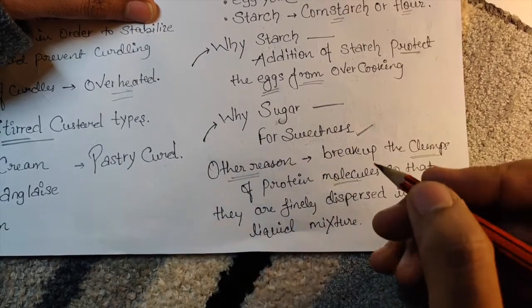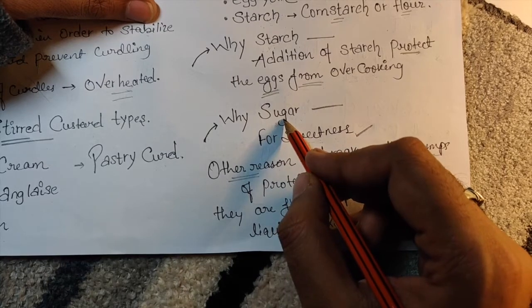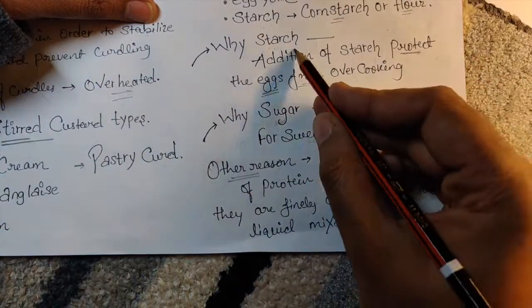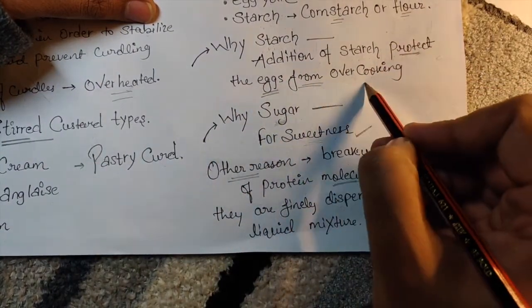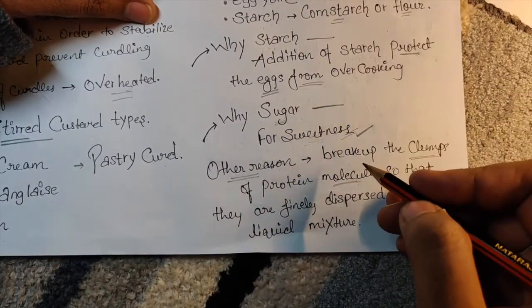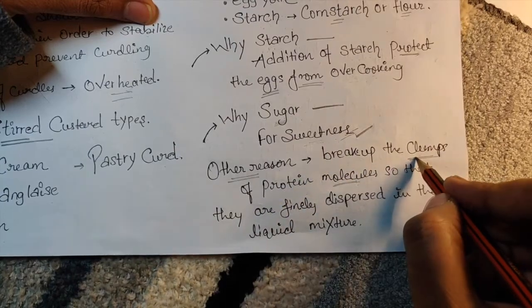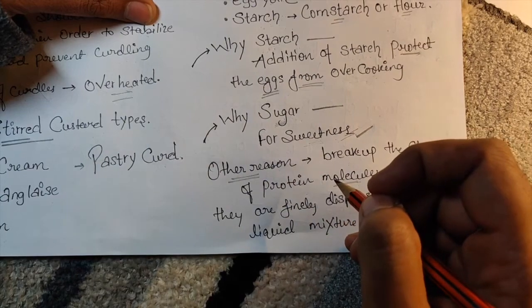If there is something lumpy, sugar will help to break it down in the pastry cream. So starch thickens and simultaneously protects the egg from overcooking. Sugar gives us sweetness, and at the same time it breaks down the lumps. And also sugar slows down the cooking process of the egg yolk.